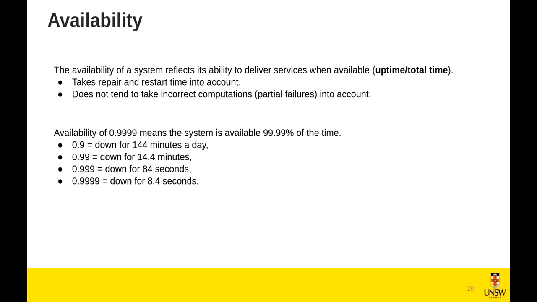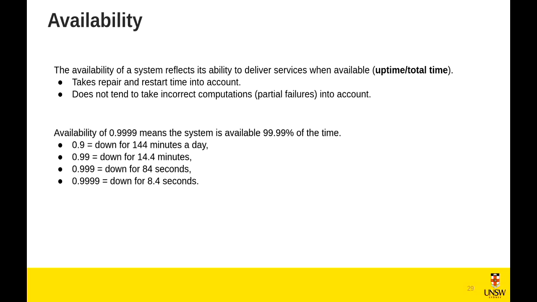So if we have an availability of 0.9999, it means that this system is available 99.99% of the time. And if the system has an availability of 0.9, it means that we will have about 2 hours of downtime per day. And if this availability goes up to 0.9999, then the system is considered to have a downtime of 8.4 seconds per day.